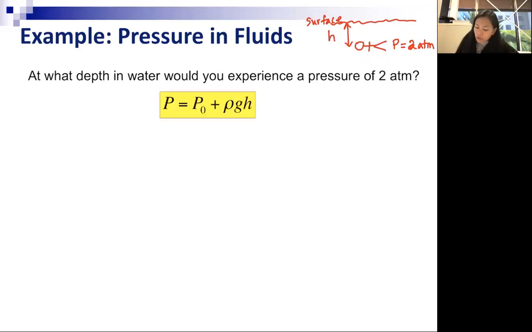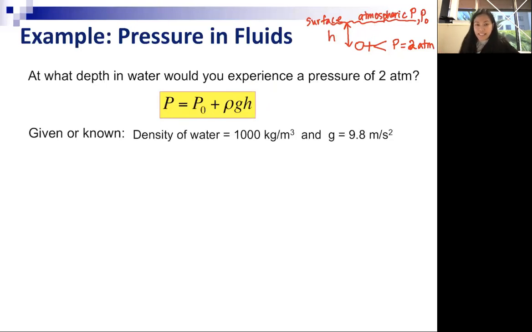Right, so we know that the total pressure P is related to the atmospheric pressure at the surface of the water, so that will be P0. And the total pressure should also take into account how deep the person is, because there's the weight of the water exerting force and therefore pressure on this person. So what do we know?